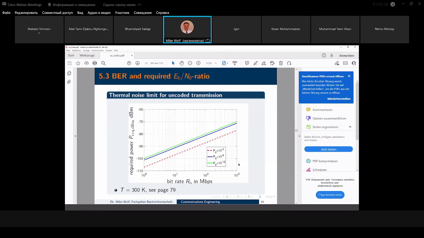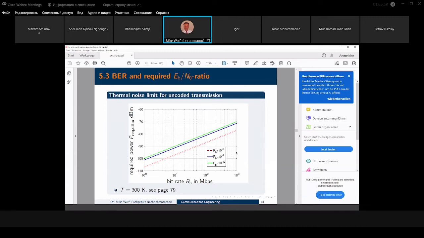If I use this modulation scheme, then in the best case my receiver sensitivity is, let's say, minus 77 dB. It's a difference of a factor of 1,000. If I increase the data rate by a factor of 1,000, I have to increase the required power in the linear scale also by a factor of 1,000.